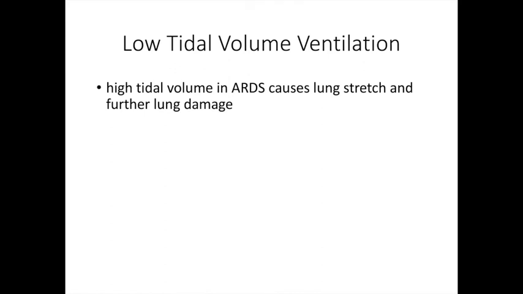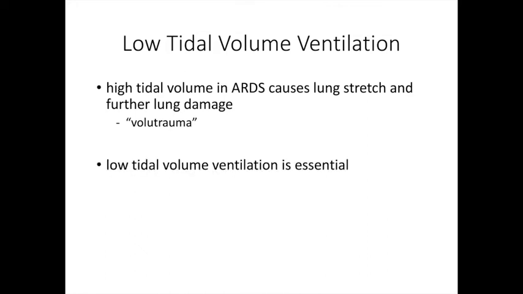While ventilators are life-saving devices, they can themselves perpetuate and exacerbate lung injury. Specifically, high tidal volume in ARDS causes lung stretch and further lung damage. This is what is known as volutrauma. To mitigate this, low tidal volume ventilation is essential.